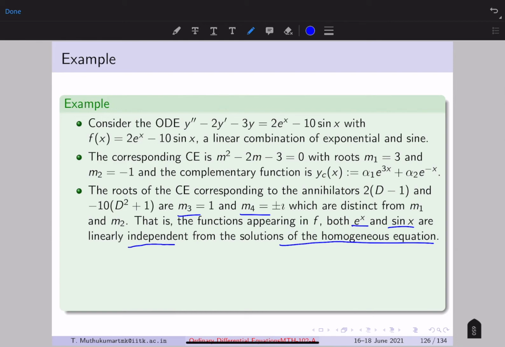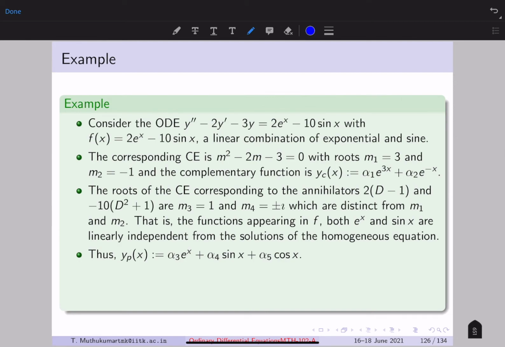For instance, what I am saying is that corresponding to m1 and m2, what you get is e power 3x and e power minus x. These do not appear in f. The e power 3x and e power minus x are linearly independent from e power x and sin x. So there is no linear dependence between the data and the solution that you are getting.